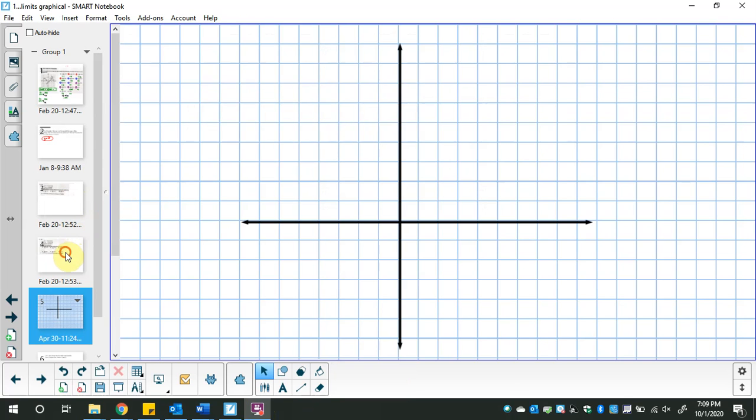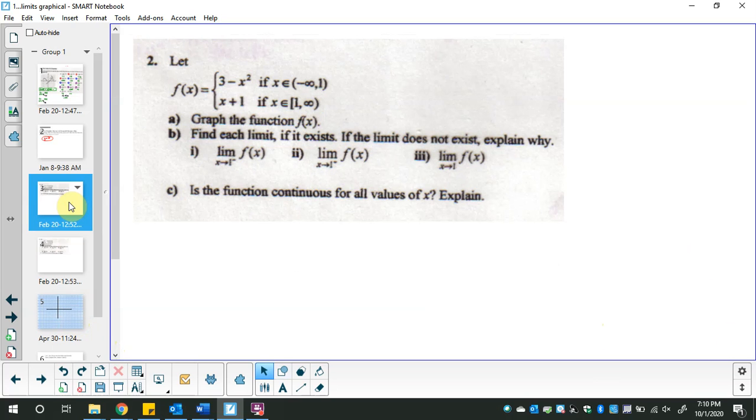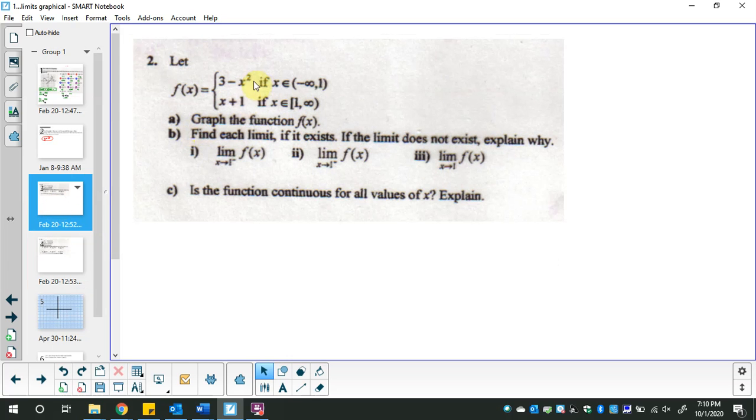Okay, time for the graphing. So the reason I took so long with my break was because I forgot I needed graph paper, even after warning you. So now let's talk about these graphs. And there's a reason I'm doing this question versus question 2. Part of the reason is because it's got 3 functions that make an entire function, as opposed to 2. I hope that you recognize that this particular question has a parabola and a line.